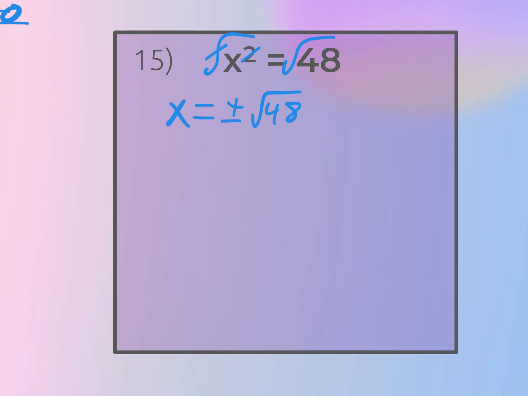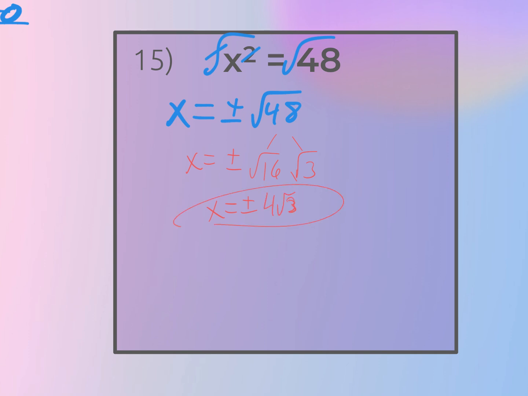The most apparent one to me, or the one that'll make this problem the easiest, is 16 and 3. Square root of 16, square root of 3, plus or minus. And then square root of 16 is 4. So x equals plus or minus 4 square root of 3.